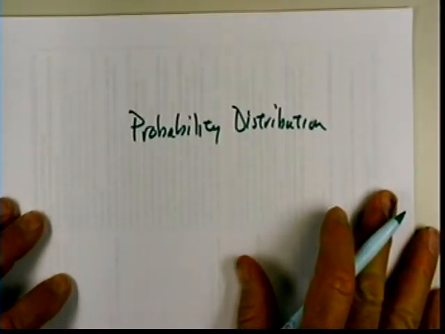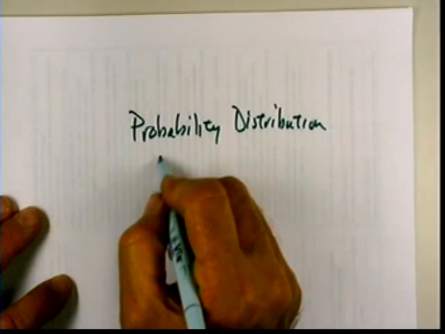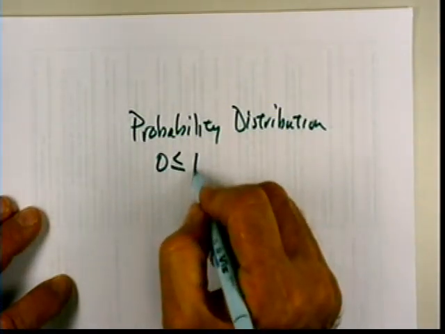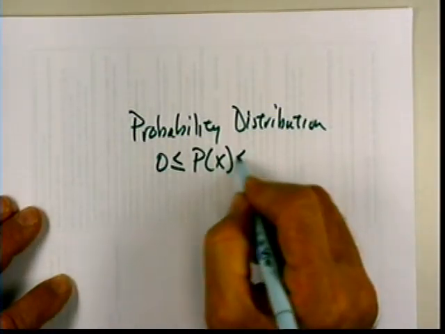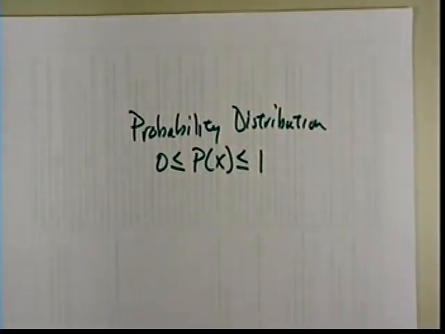The definition of a probability distribution is that every probability is greater than or equal to 0, and also less than or equal to 1.